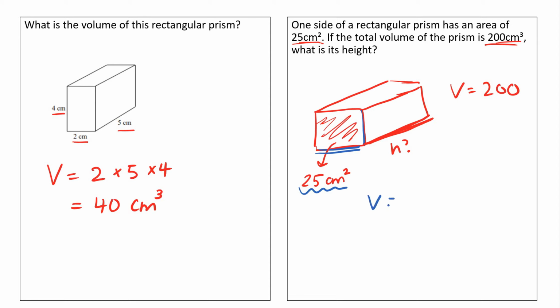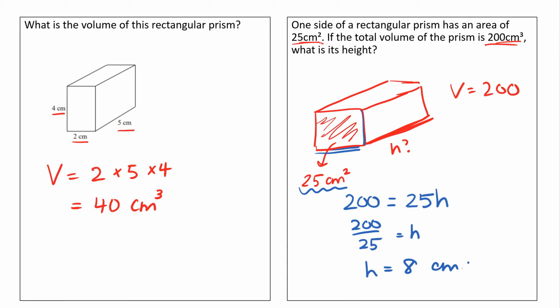So the volume is going to be the length times the width, which is 25, times the height, and that's going to equal the volume we've been given, which is 200. To work out the height, all we have to do is divide 200 by 25. That will give us a height of 8 centimeters.